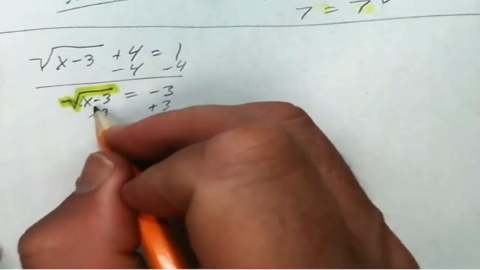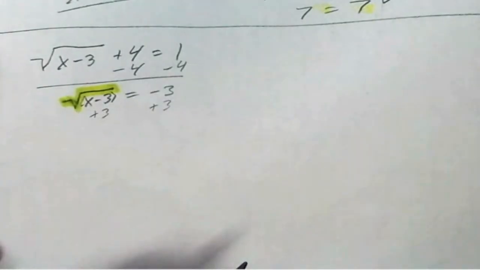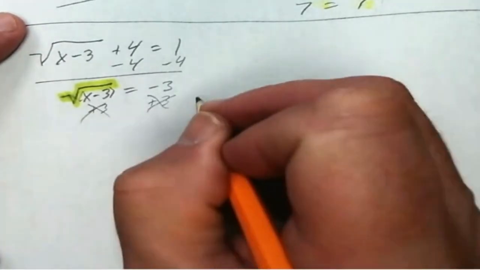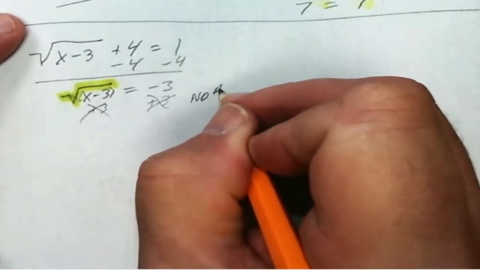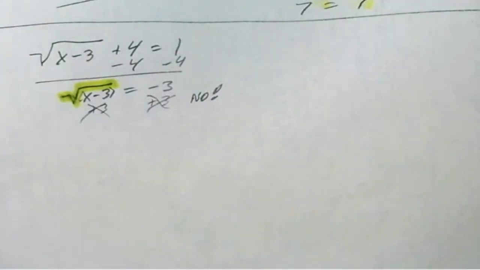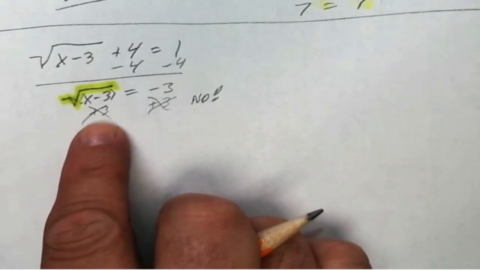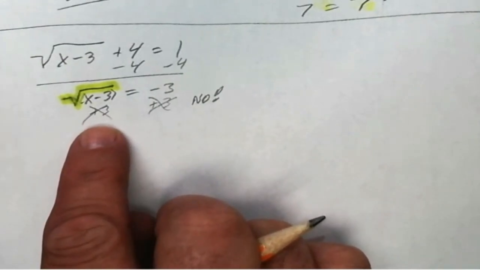If you need to, put this in parentheses to remember that it all goes together. You cannot do that. Put that in your notes if you need it, because this is the mistake I see most often.